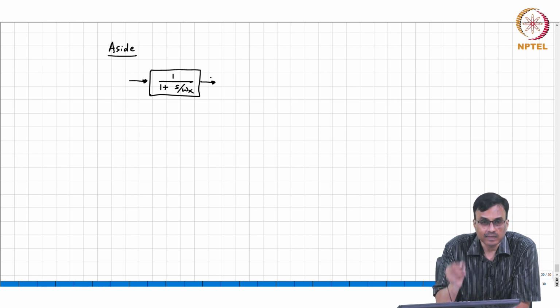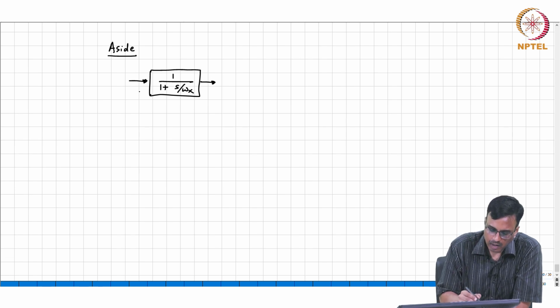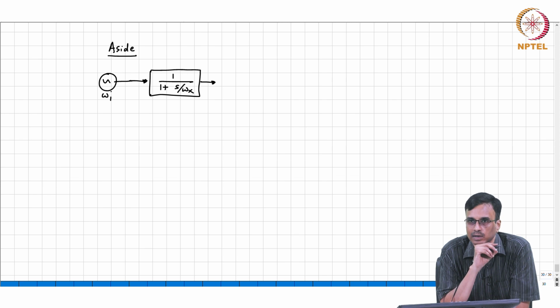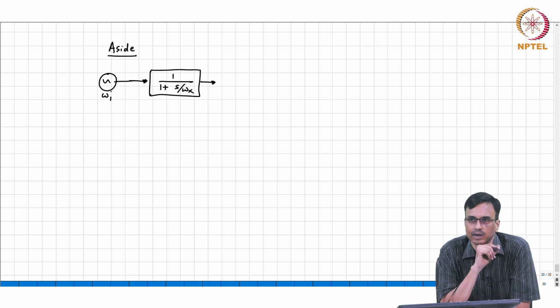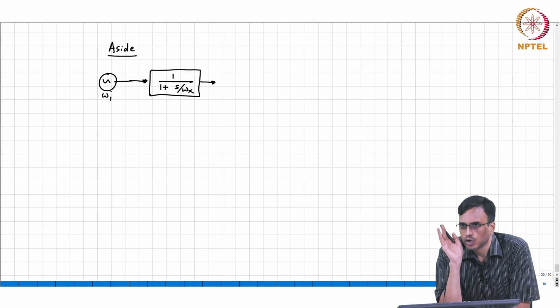You only have a low frequency sinusoidal generator with a frequency omega 1. You are in a lab, and you are told that inside the box is a system with a DC gain of 1 and a pole frequency omega x, a 3 dB bandwidth omega x. I have a low frequency sine wave omega 1, where I know that omega 1 is much smaller than omega x. How will we find omega x?